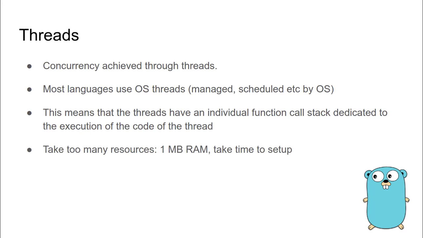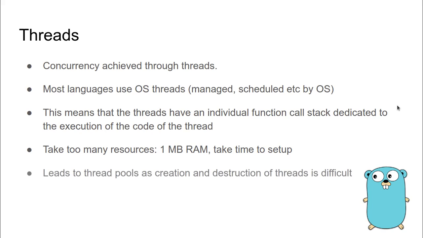As a result, these threads end up taking too many resources. Their memory allocation might go as large as 1 MB. They take a lot of time to set up and so on. There are various kinds of drawbacks for these threads. This also leads to concepts such as thread pools, because creation and destruction of these threads is very resource intensive.